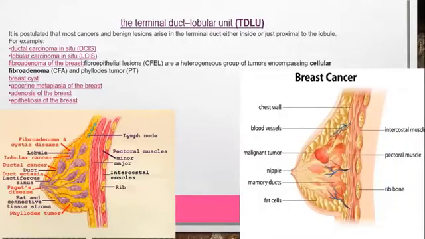Okay, the terminal duct lobular unit, we said, is the commonest place for the formation of benign as well as malignant breast disease. Breast carcinoma, DCIS, lobular lesions, fibroadenomas, phyllodes, breast cyst, apocrine metaplasia, adenosis, fibrocystic change, all these occur at the terminal duct lobular units.